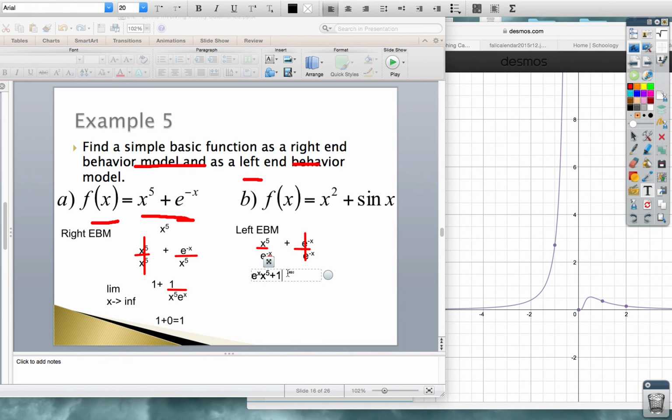Now, keep in mind, this time, because it's a left end behavior model, we're going to have x approach negative infinity. So limit as x approaches negative infinity.